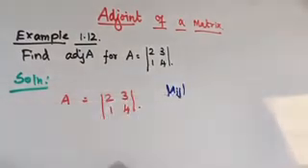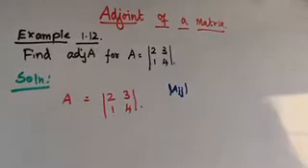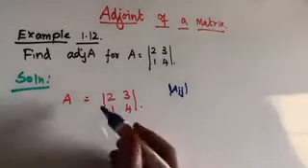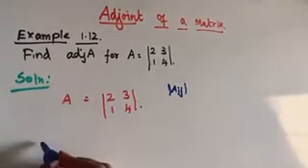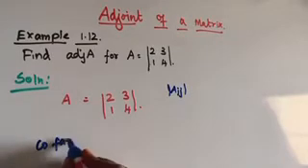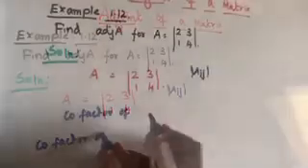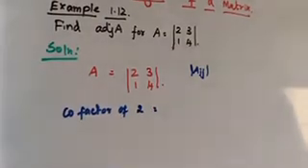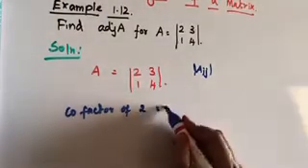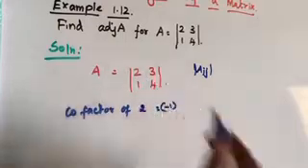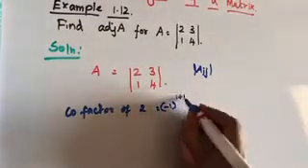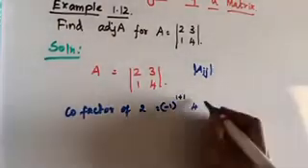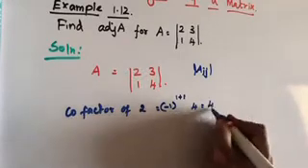So first we have to calculate the cofactor matrix. For the first term, cofactor of 2 is equal to minus 1 power 1 plus 1, first position, times 4, that is equal to 4.